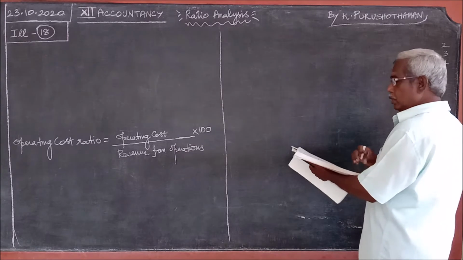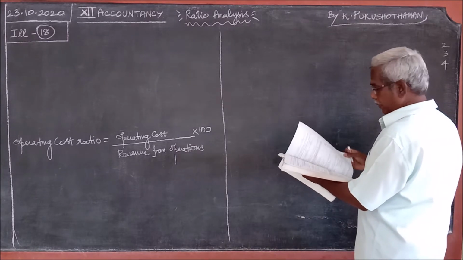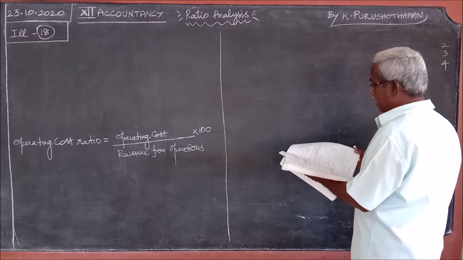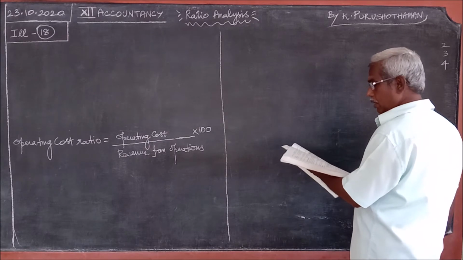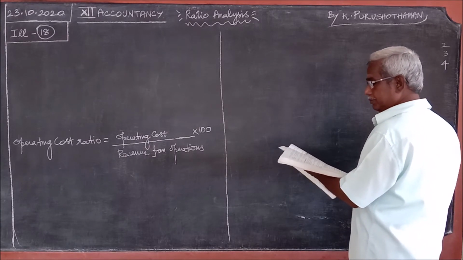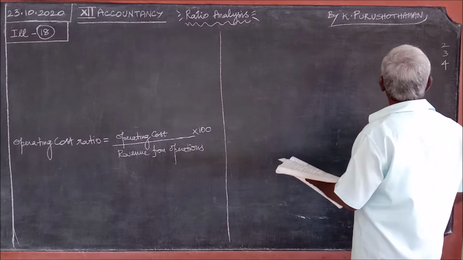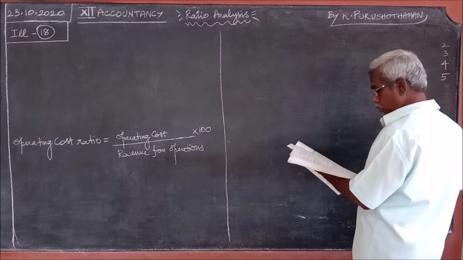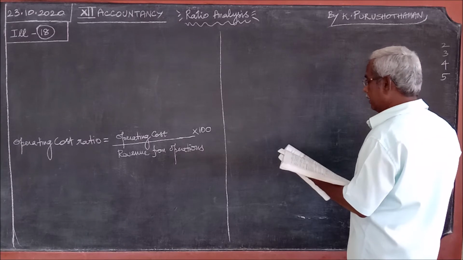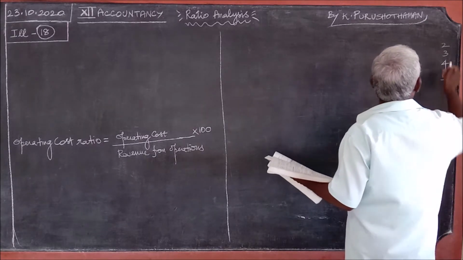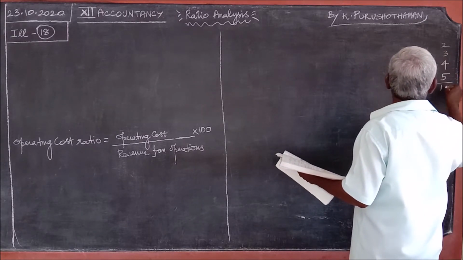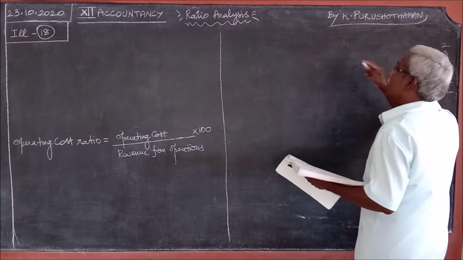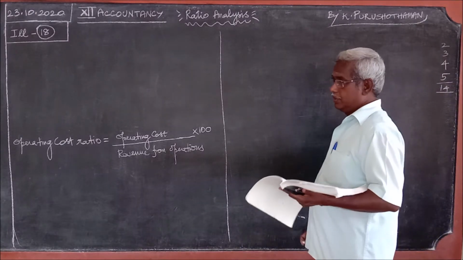Now we are going through the profitability ratios, under which we are going through the fourth one. Of course, there is a fifth one, we shall see it later. And therefore, 14 ratios under this chapter, ratio analysis.